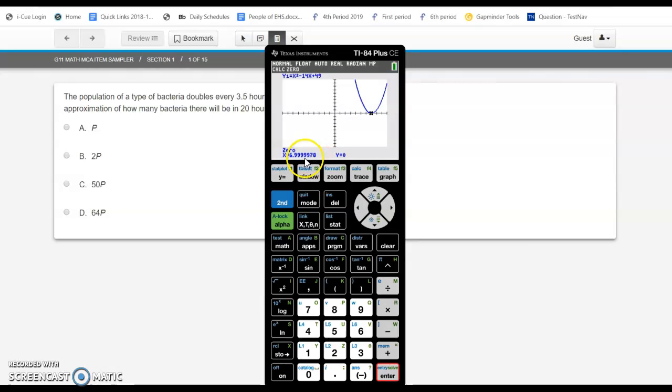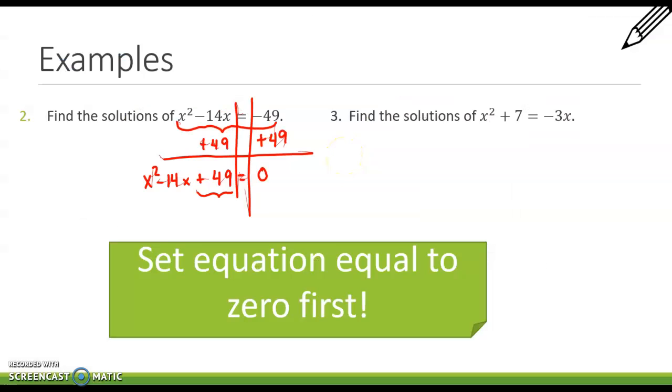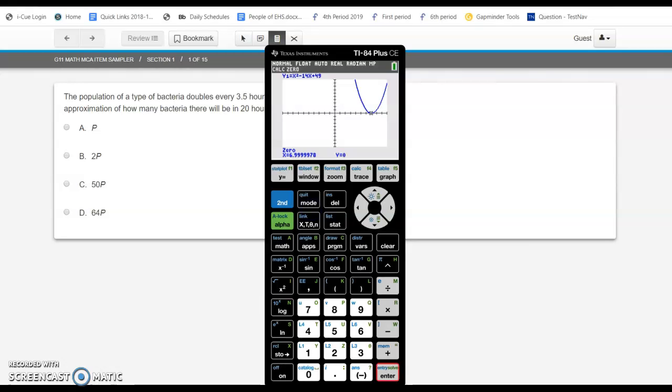I'm going to basically call that 7. So the 0 happens at x equals 7 and y equals 0. So the solution, and there's only one, is x equals 7. The reason that it's only one solution is because that's the vertex. So the vertex is touching the x-axis at x equals 7.